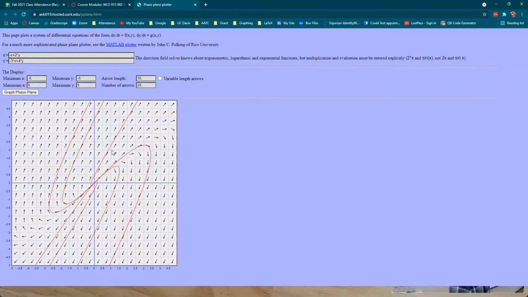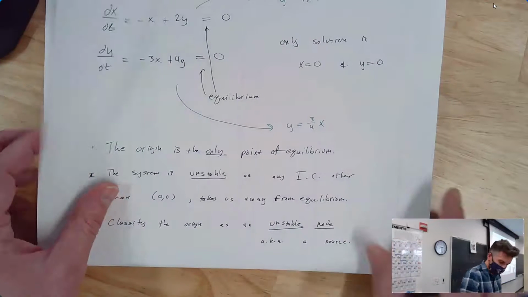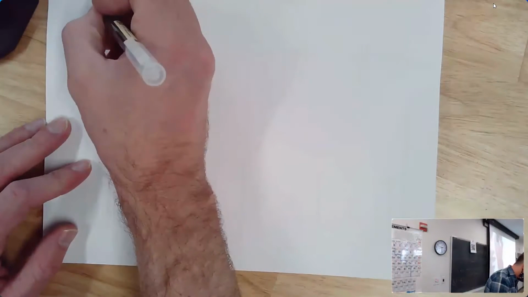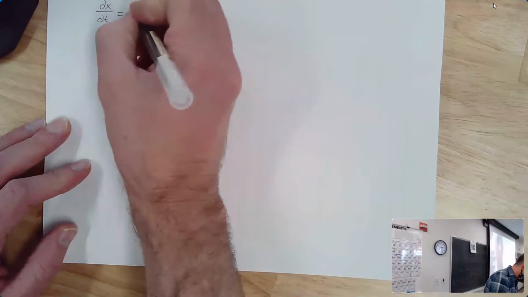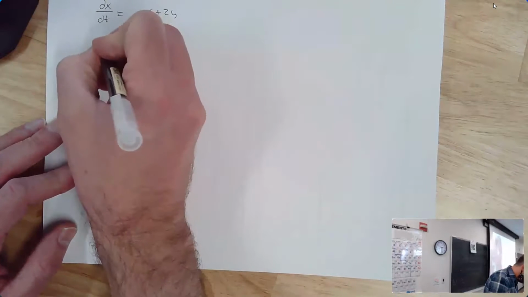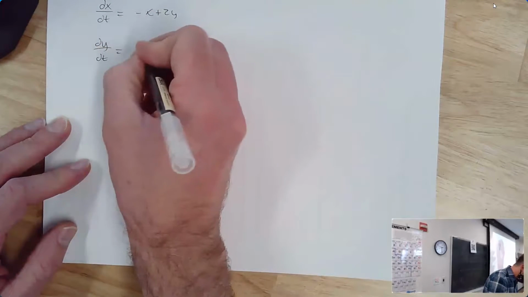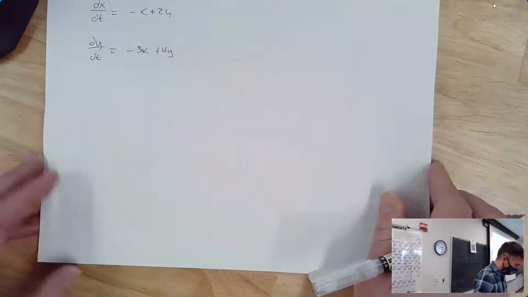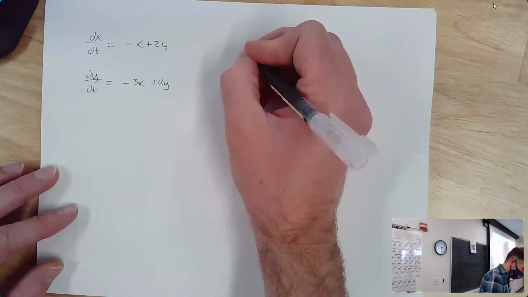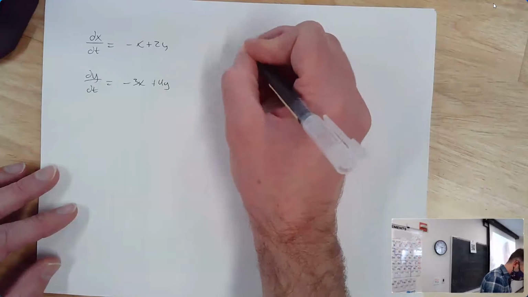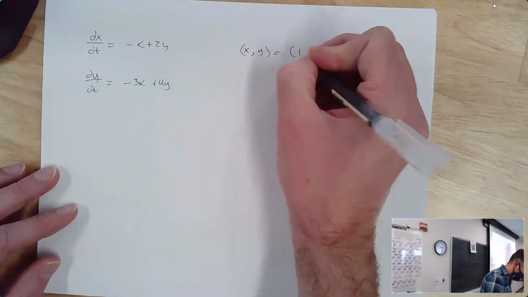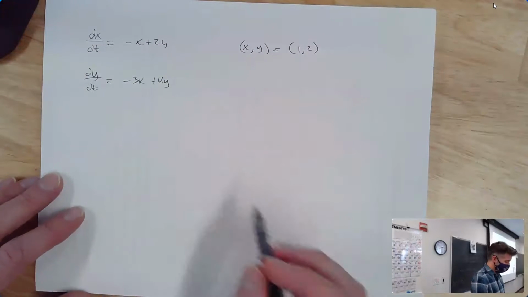Well, in fact, let's look back at the equation for just a second. This is where things get a little dicey. Not dicey, just a little tedious. So here's our equation. dx/dt equal to negative x plus 2y, dy/dt equal to negative 3x plus 4y. And if we actually plug in the point, x is 1, y is 2, what do we get?